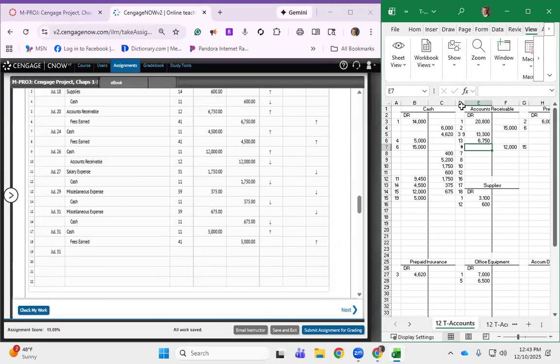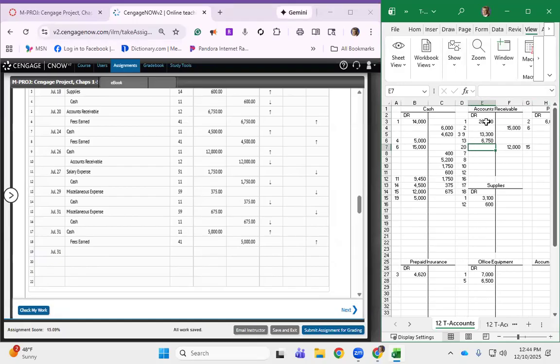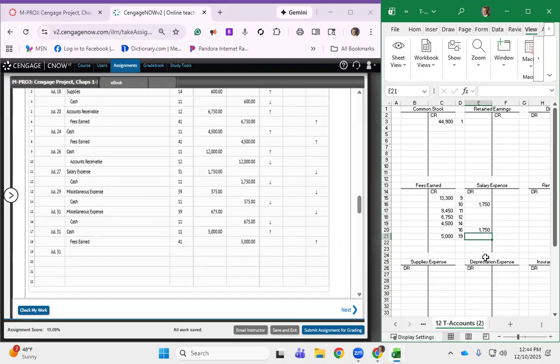Hang on, I'll just widen this a little bit. Number 20. So it looks like it's $3,000 on account. So then we want to go to fees earned. Here is the entry for the 20th entry. So now we have 1, 2, 3, 4, 5, 6 fees earned lines.